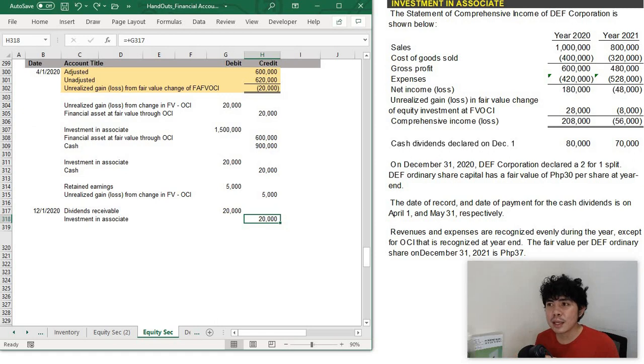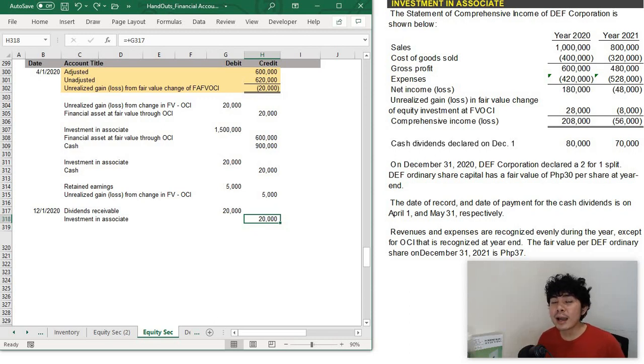So, basically kasi, yung equity method, kaya siya tinawag na equity method kasi parang kinokopya mo yung movements ng shareholders' equity ni associate. So, kapag sinabing kinokopya mo yung movements ng equity ni associate, ibig sabihin, kung tataas ang equity ni associate, dapat tumaas din yung investment in associate na account.